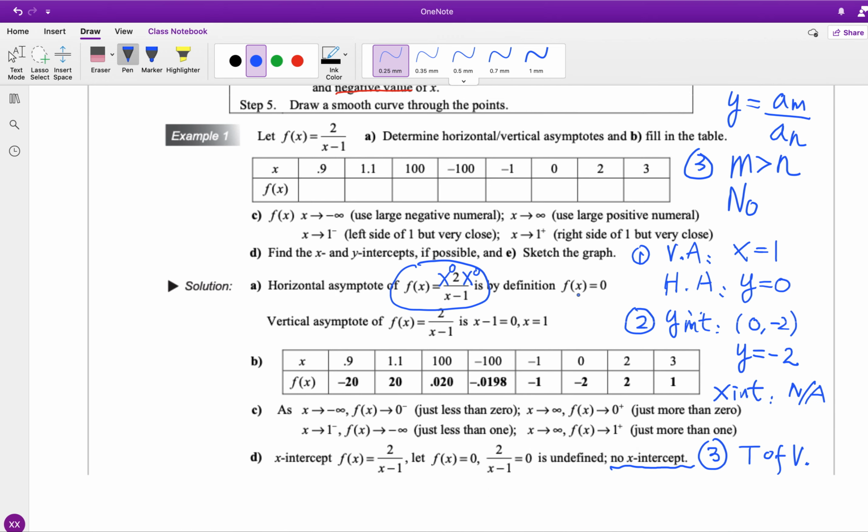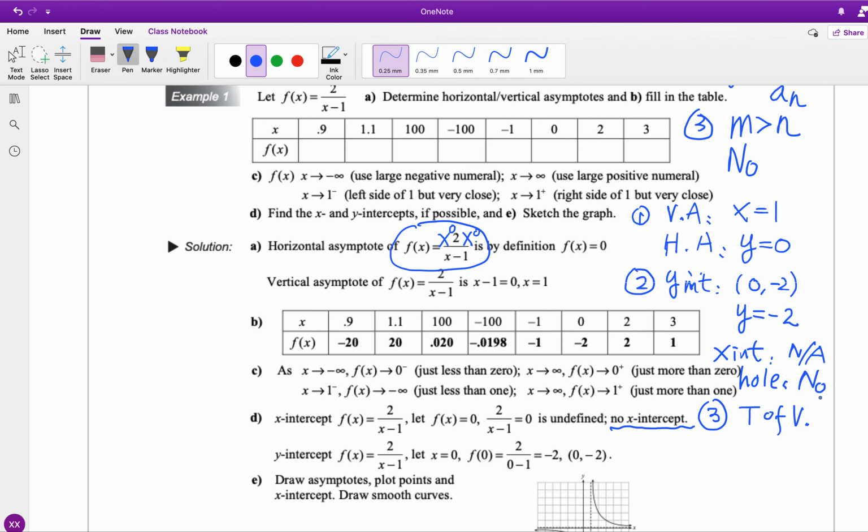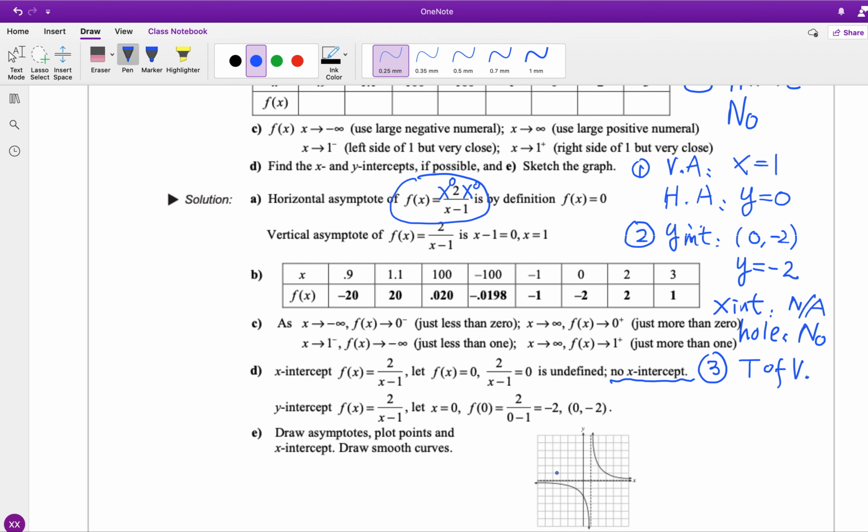Oh, by the way, do we have holes? We don't have holes, right? So there are no holes. Okay, now let's take a look at the table of values, because the vertical asymptote is x equals 1.